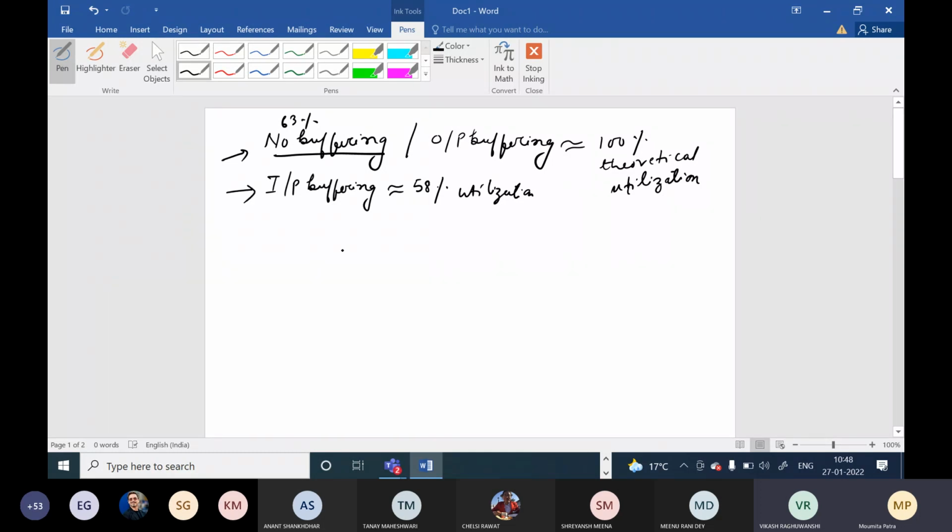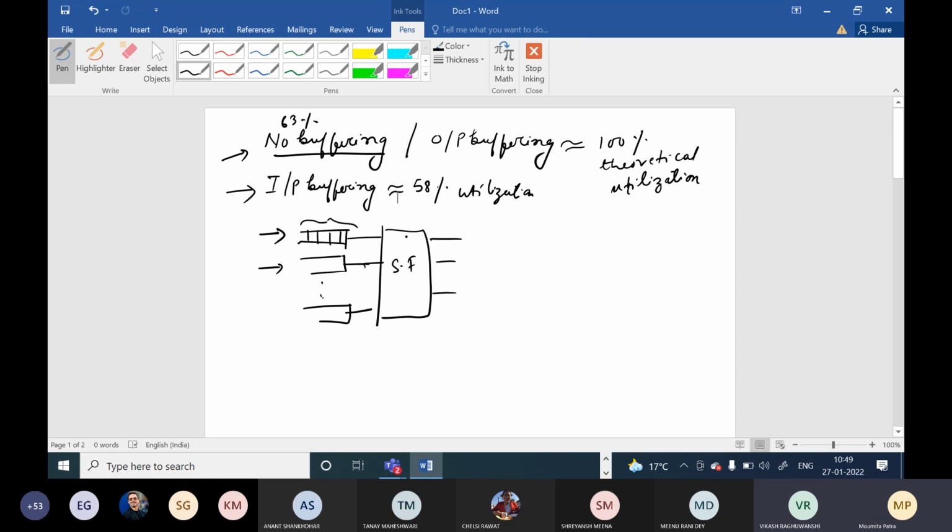But how do we get the analysis done? We have a scenario where we have buffers and packets are arriving here. This is your switch fabric. What is the arrival rate? That will affect this. After the arrival, how many packets are in this system? That will also affect how fast the packets can be moved from the input port to the switch fabric, then to the output port, and then finally cleared out.